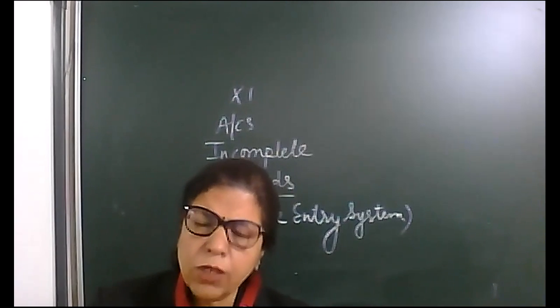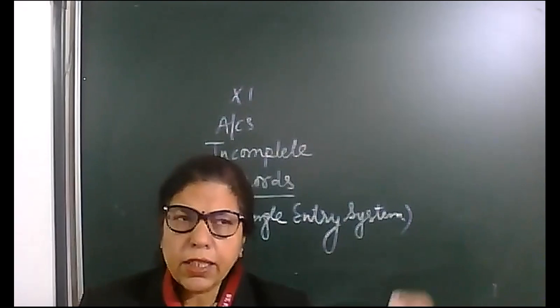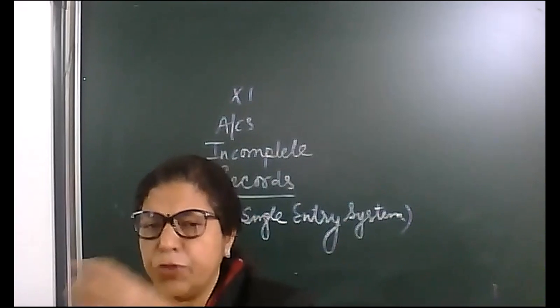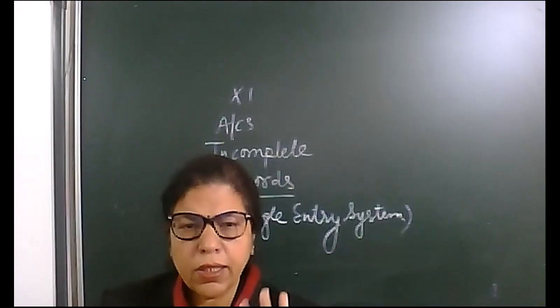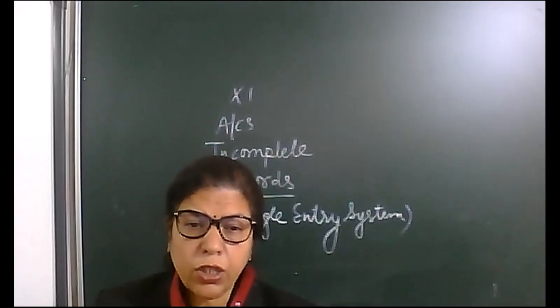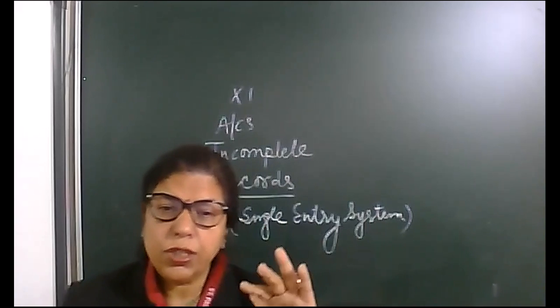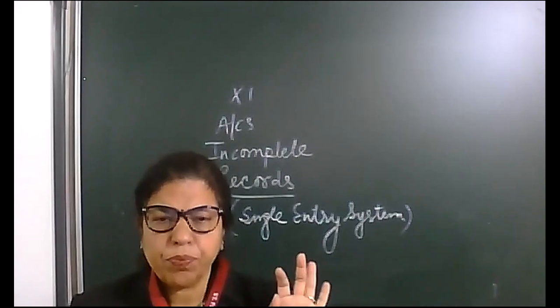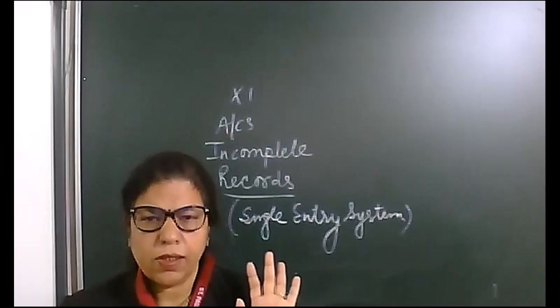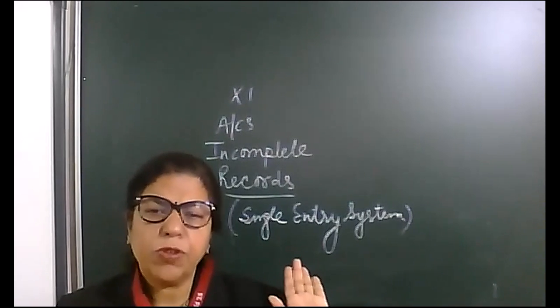See, the small businessman, like small shopkeeper, one vendor, one hawker, they can also maintain their records, but they will not maintain the whole ledger. Generally, those who are dealing on the cash basis or on daily basis, they will keep these type of records.